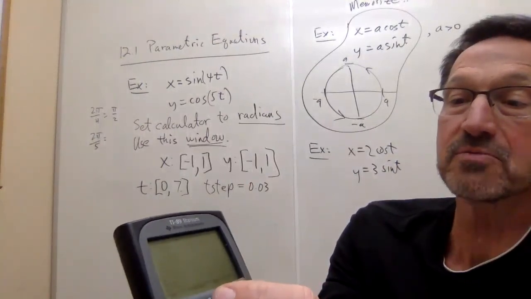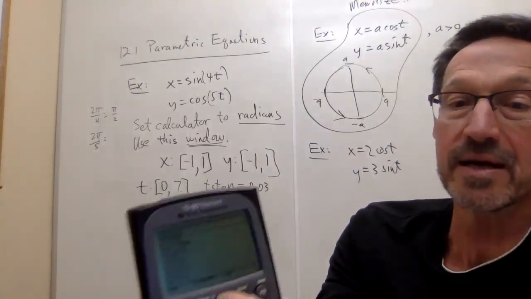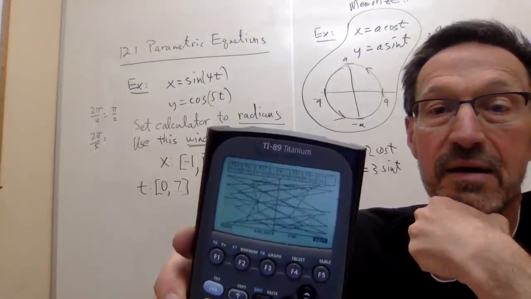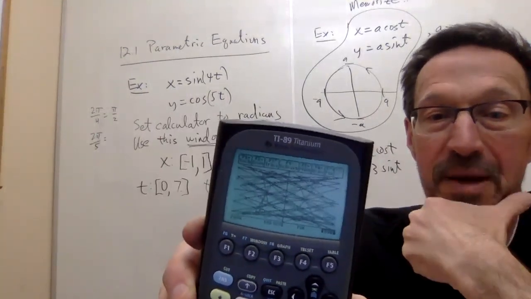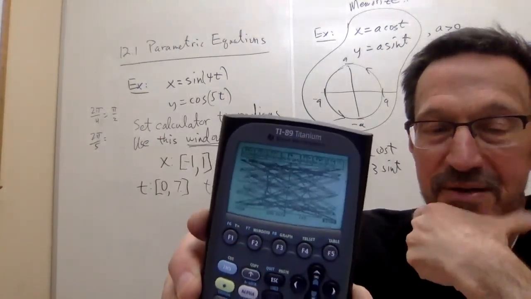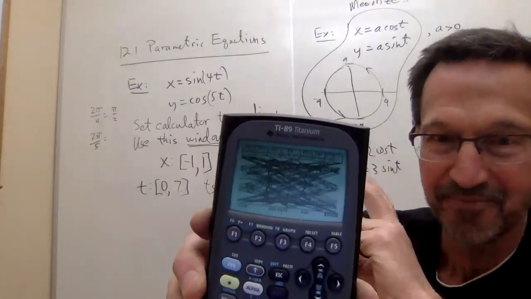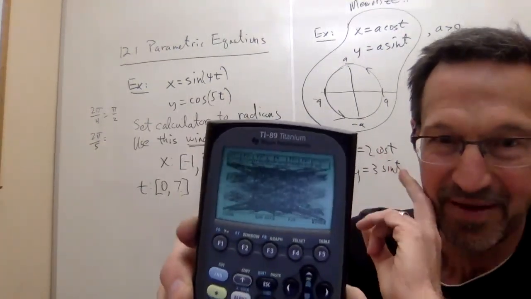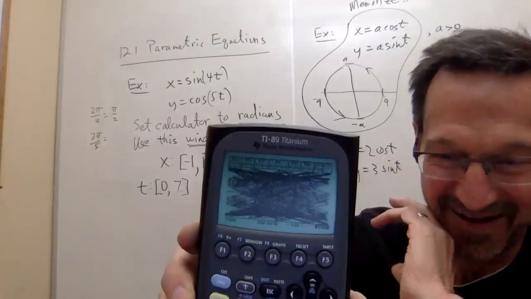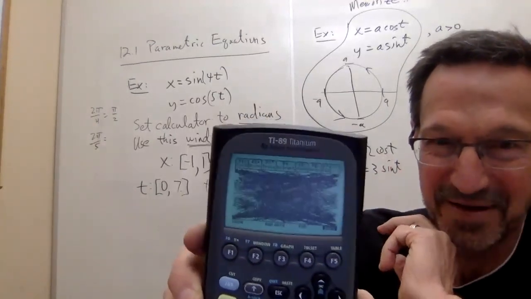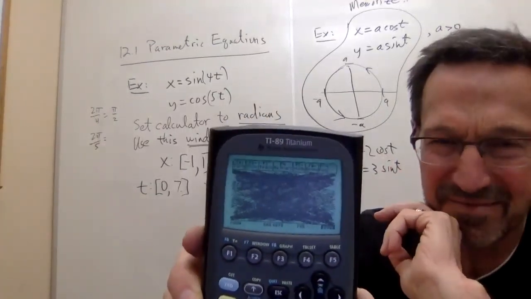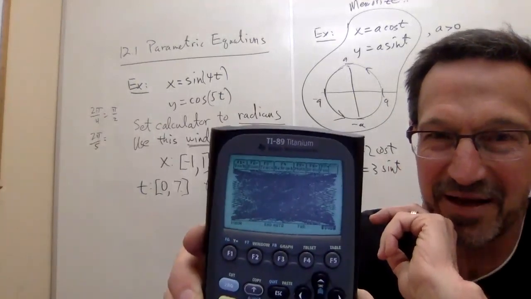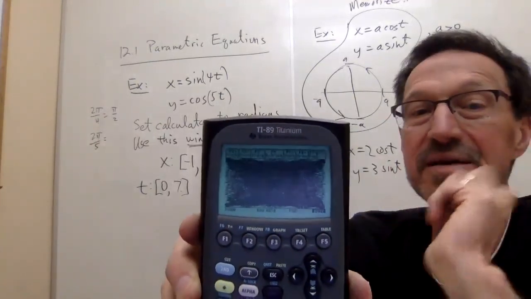So here's what happens when t-step is too big. Remember, it's calculating points at adjacent t-values as determined by t-step, and then it draws a straight line. So if t-step is too big, oh, look at that curve. What? It's just total chaos. And it's still working.